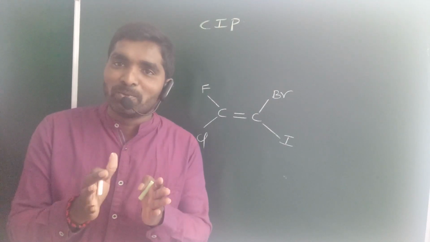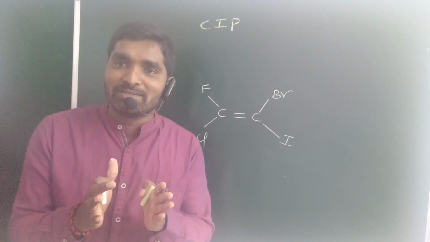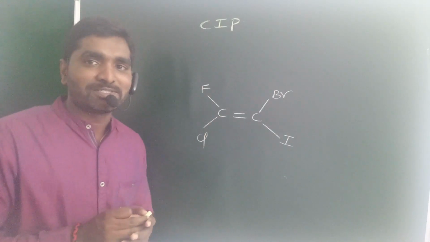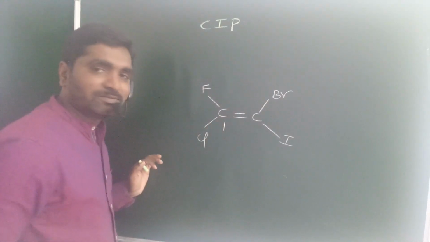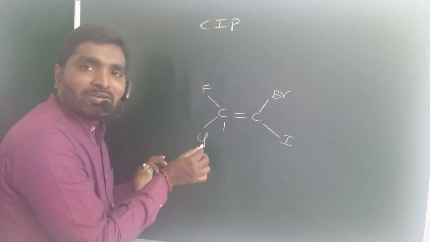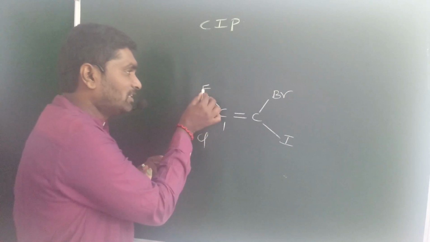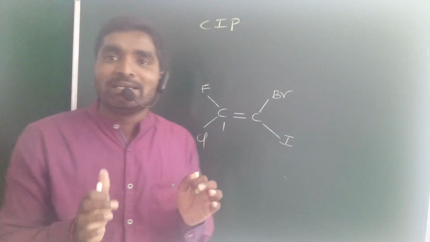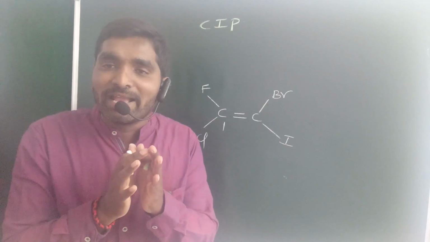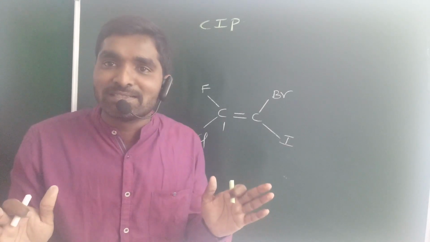According to the CIP rule, you should give the number on individual carbons. When you take the first carbon, you should give the priority number. Which one is the priority, either fluorine or chlorine? That is according to the atomic number, not according to the atomic mass.